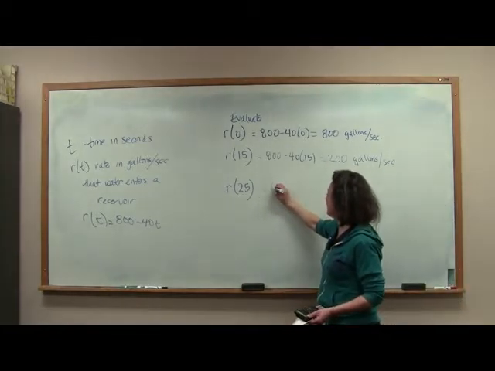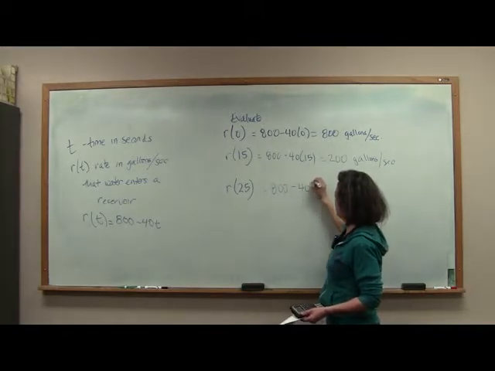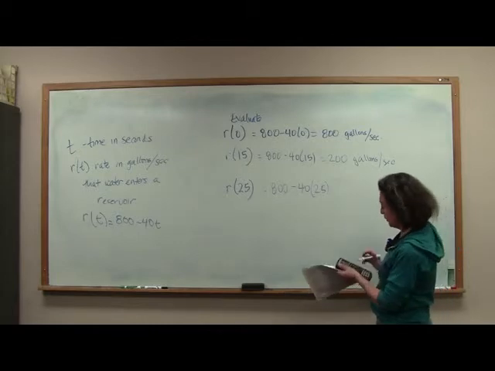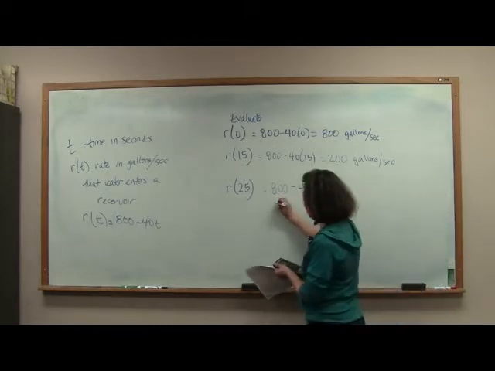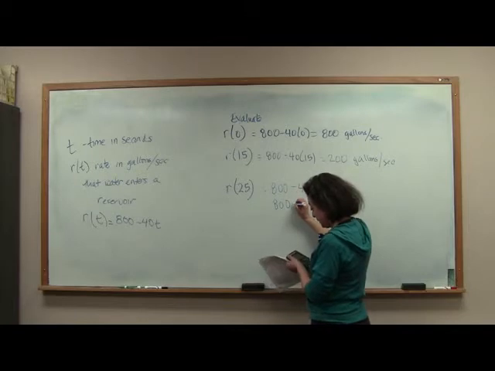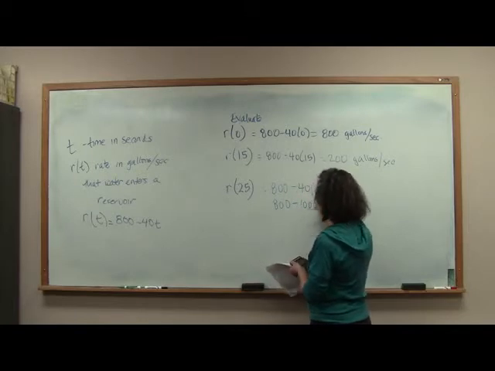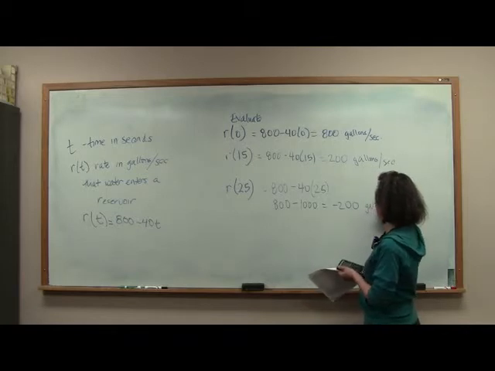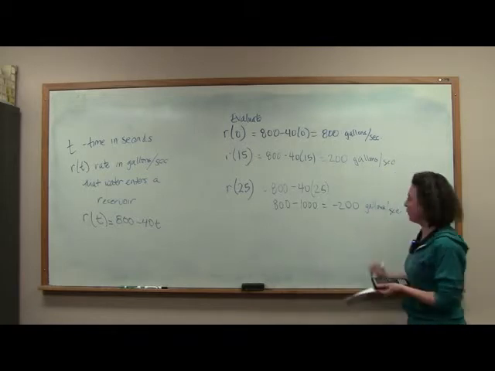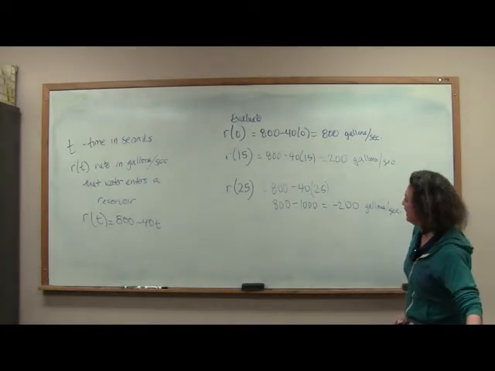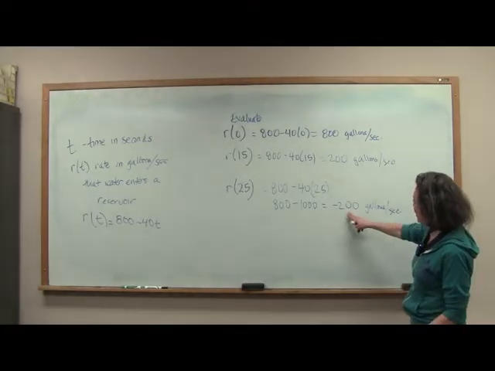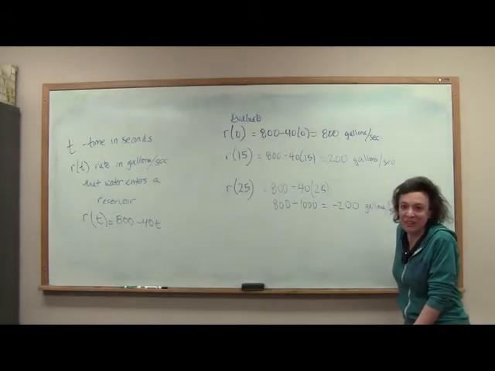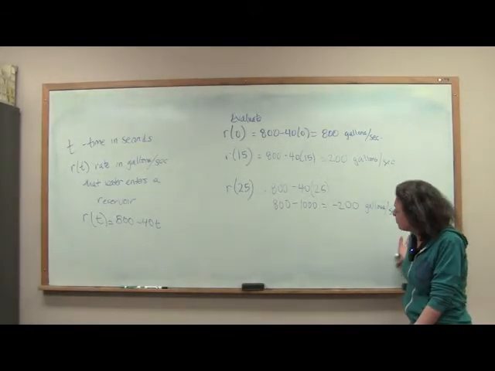Last but not least, we can plug 25 in, and what we're going to have is 800 minus 1,000, and we're going to get negative 200 gallons per second. Well, what's going on there? The reservoir is full, and now it looks to be leaving that reservoir.